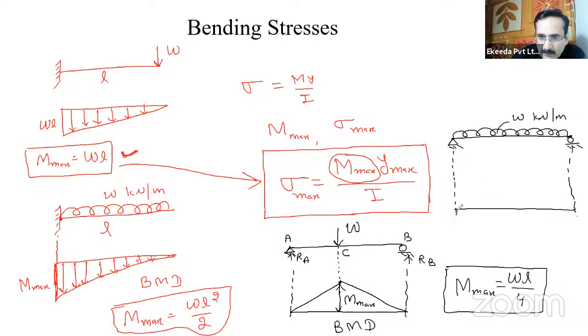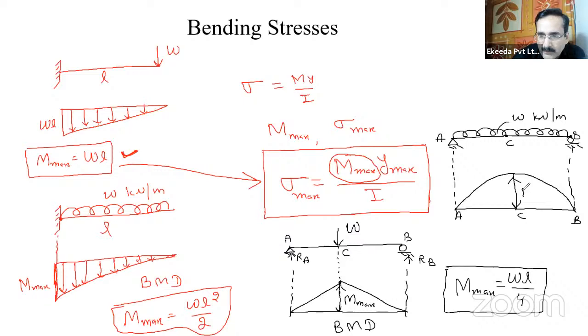You should remember that this was a parabolic diagram. First it was increasing and then it was decreasing like this. And the maximum bending moment was at the center again. At point C, at the center, the bending moment was maximum.